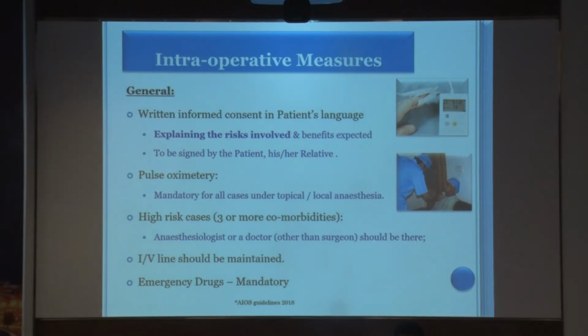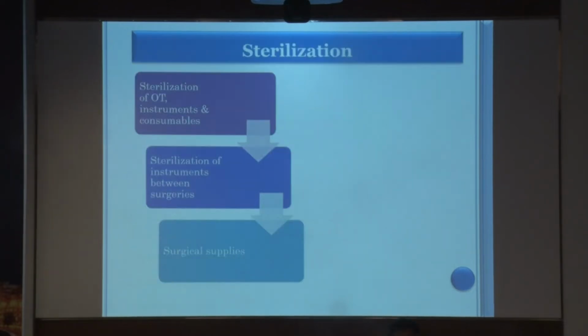Then other general measures should be taken. You should take the consent of the patient, explaining high risk and everything. A pulse oximeter should be used. Sterilization of the OT should be maintained, which is very important. Then sterilization of instruments, including between procedures, is again a very important thing.